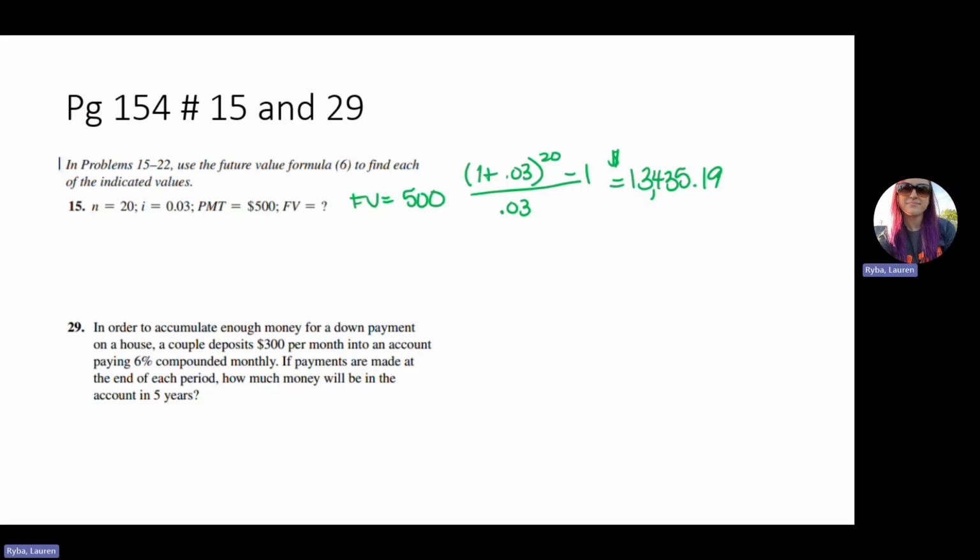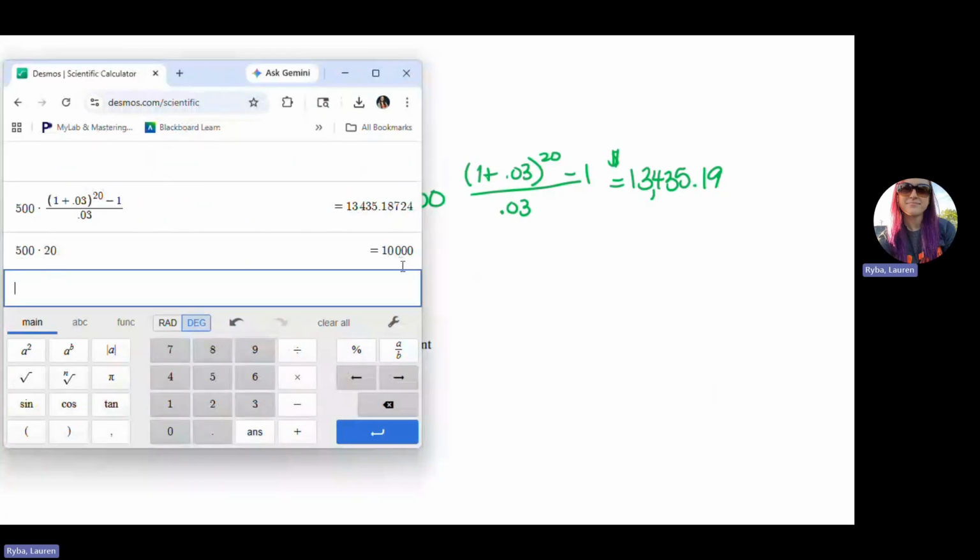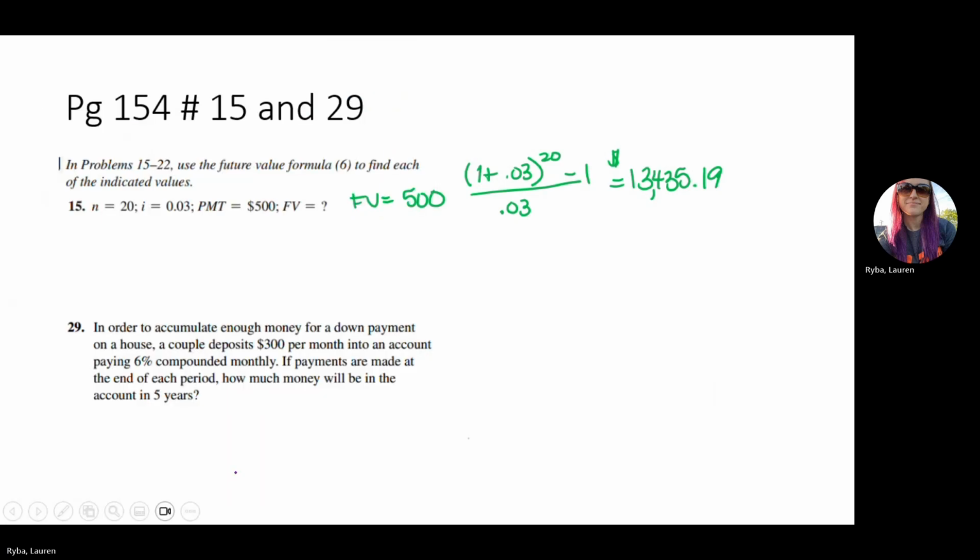You can always figure out how much interest you earned by taking your monthly or periodic payment times how many times you did it, and then subtracting that result from the total. So I earned $3,435.19 in interest.